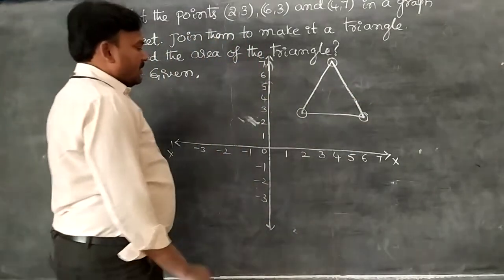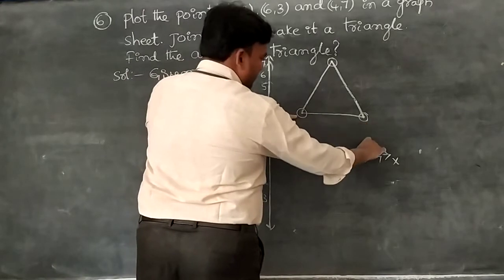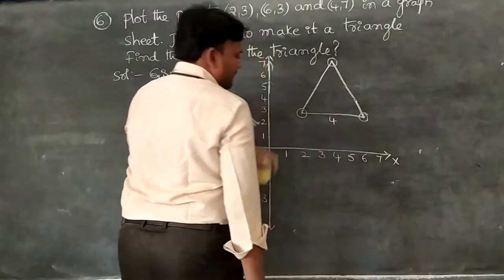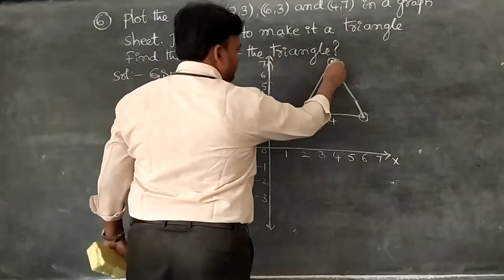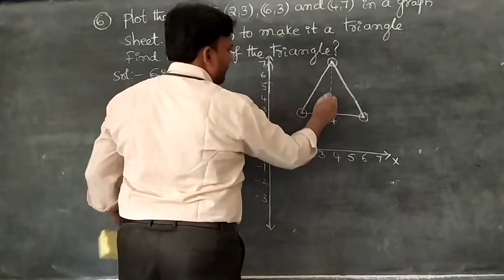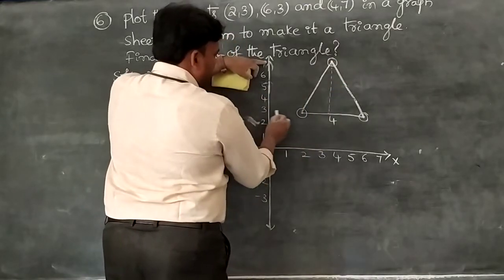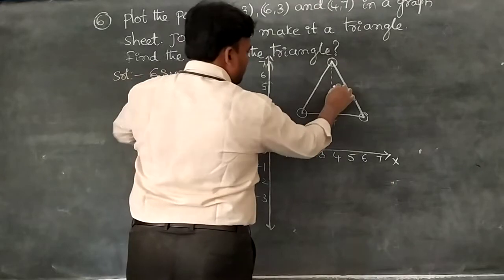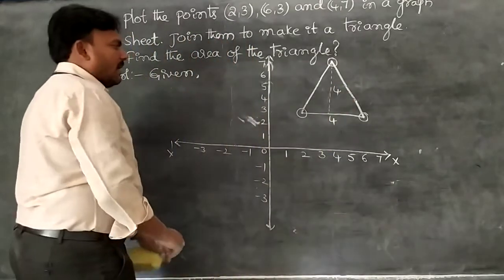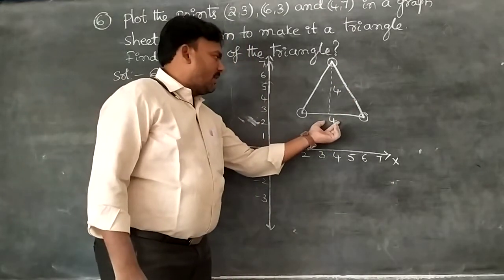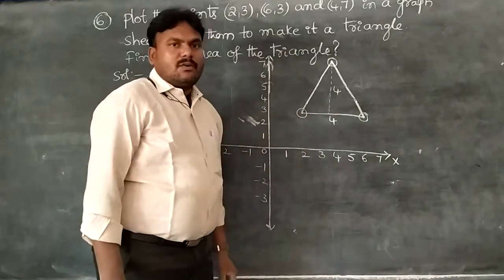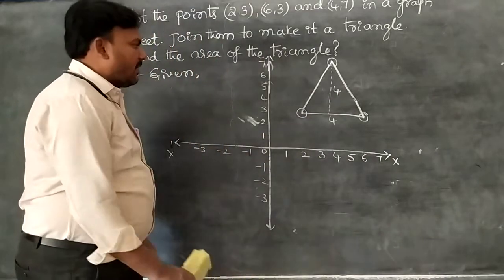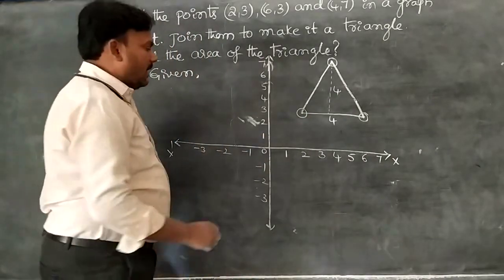Clear, I thought. Here 2 to 6, so that is 4 units, students. And the height, observe height here 7 and here 3. 7 minus 3 becomes 4 units again. Okay, so base of the triangle is 4 units, height of the triangle also 4 units, students. Then we find the area of the triangle.